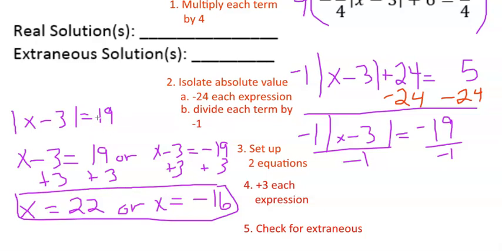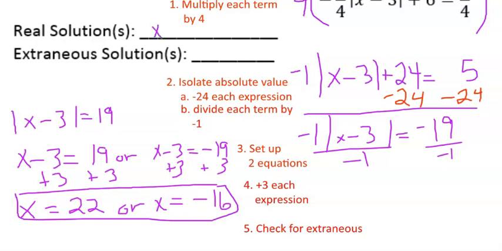If this number was negative, that would always be an extraneous solution. And if it had a variable in it, you would want to plug these numbers back into this equation right here and see if it's a true statement, which would be a real solution, or a false statement, which would be an extraneous solution. Since these would both be true, they're both real solutions.